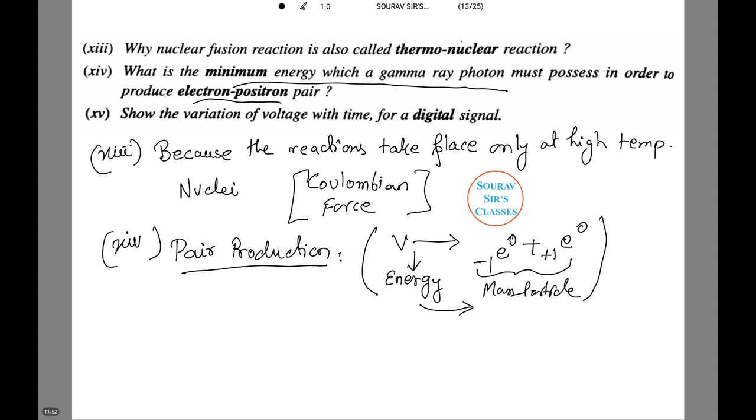As you can see, the minimum energy is known as binding energy, which is usually represented as BE, which equals 1.02 MeV. Now in the last one, we need to show the variation of voltage with time for a digital signal.